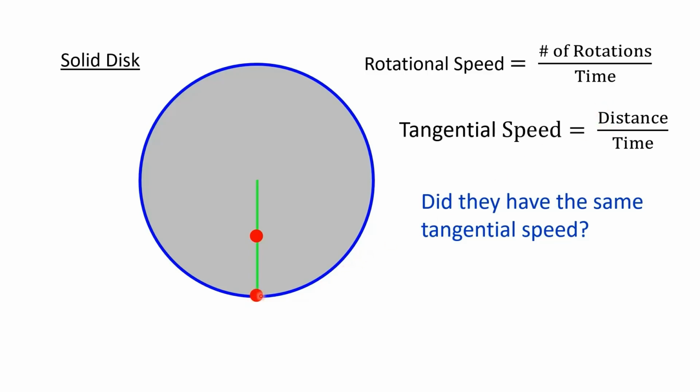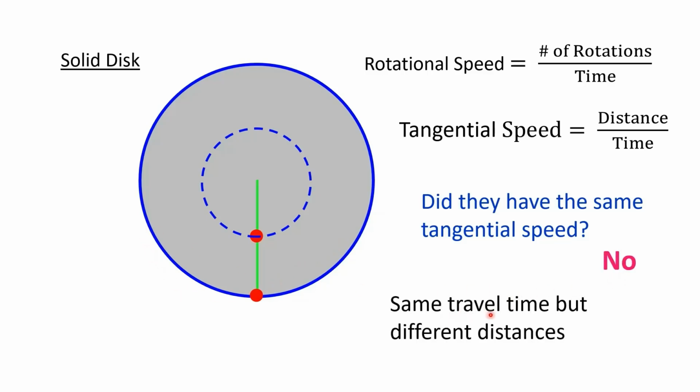Well, the outside one was traveling all the way around the circle, what we'd call the outer circumference. The inner one was following a circumference like that. Okay, and it's clear that this inner circumference is a lot smaller in total distance than the outer one. So the answer would definitely be no. They had the same travel time, but different distances.